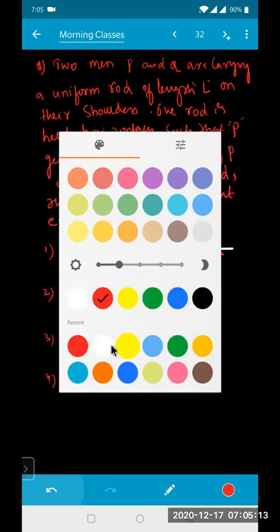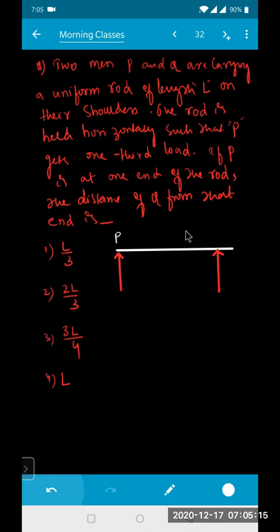If this is one end P and this is another end Q, the distance between them is say X. The rod is held horizontally such that P gets 1/3 of the load.